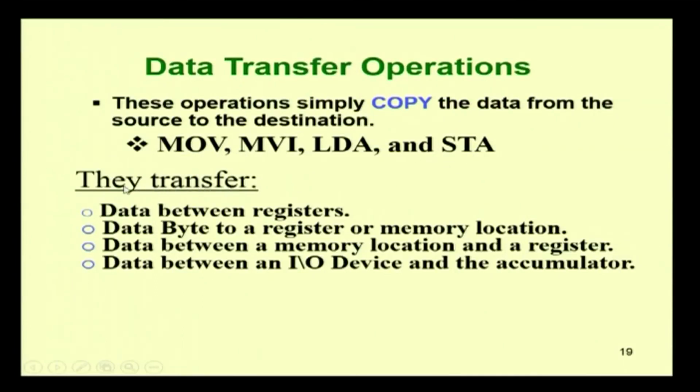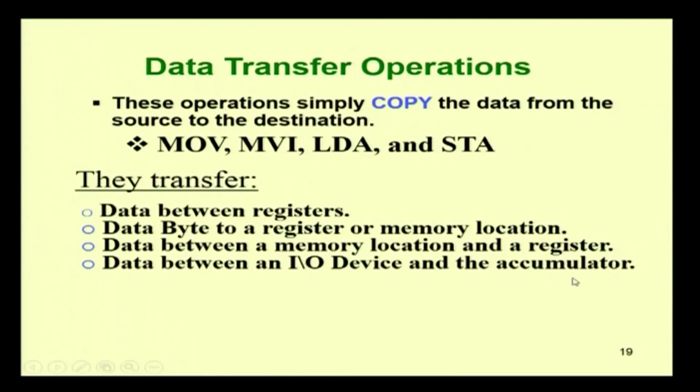Data can be transferred between registers, from register to memory location, from memory location to register, and between IO devices and the accumulator.